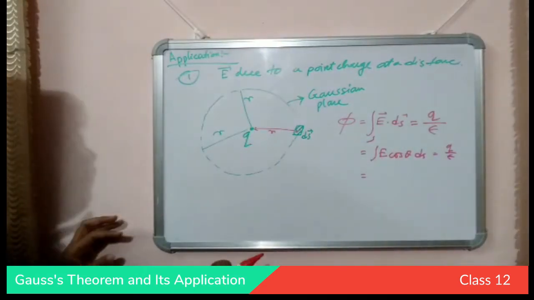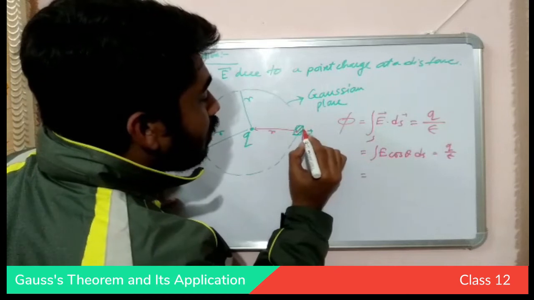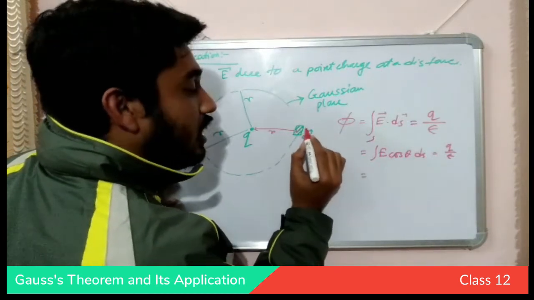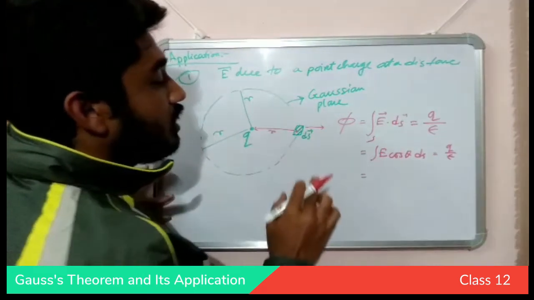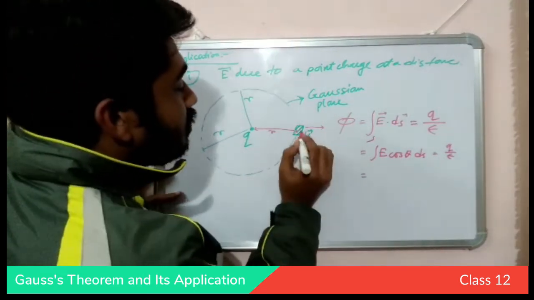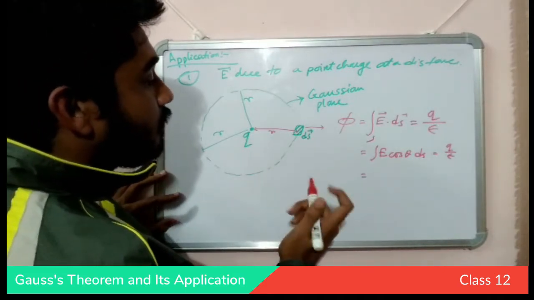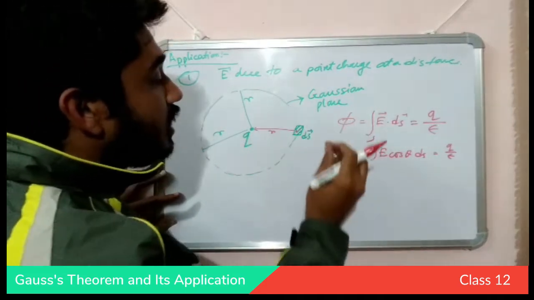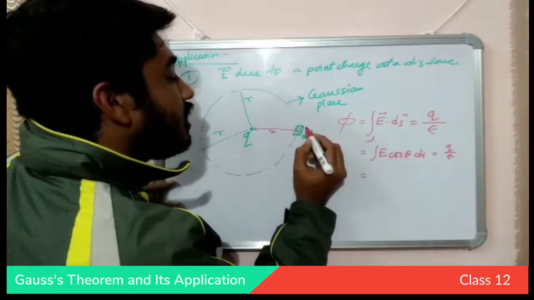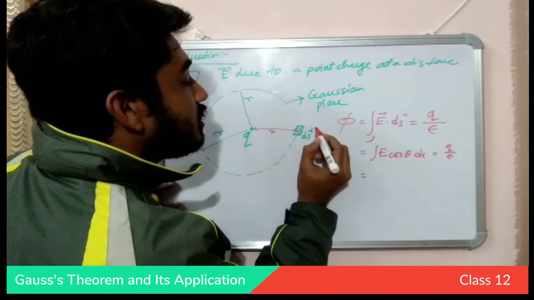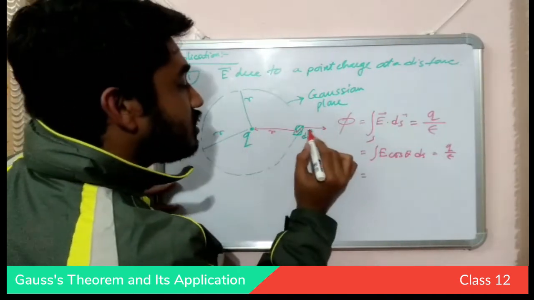The electric field is directed perpendicularly outward, and the direction of the area vector is also in this direction.